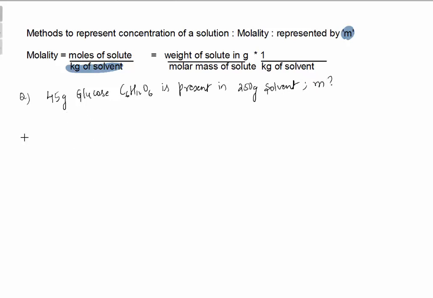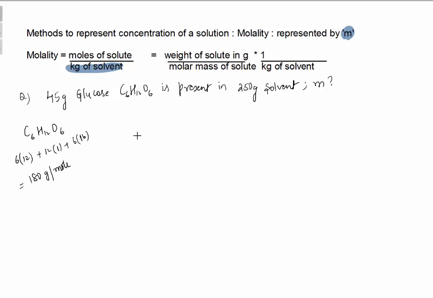Now, please remember, C6H12O6 is 6 into 12 plus 12 into 1 plus 6 into 16, that is equal to 180 gram upon mole.